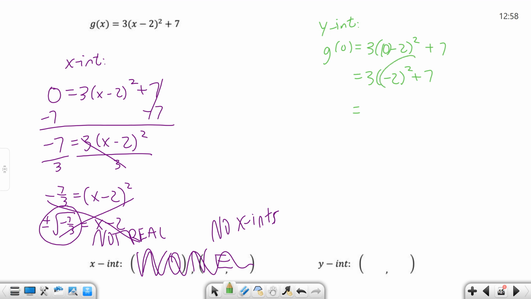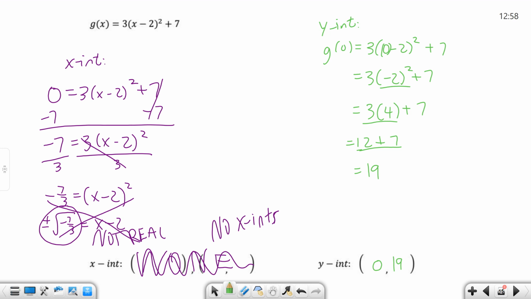What do you do first? Square. What is negative 2 squared in parentheses? 4. So 3 times 4 plus 7. What is 3 times 4? 12 plus 7, and you get 19. So 19 is the y-intercept, and you got it from letting x equal 0. So (0, 19) is the y-intercept.